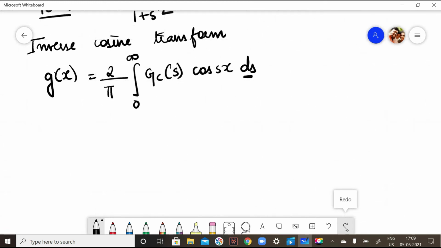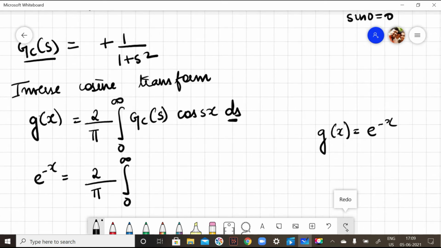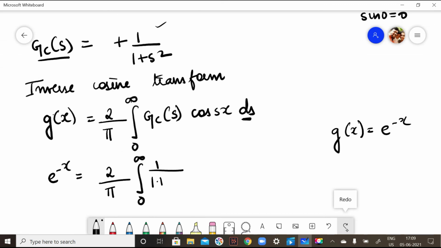Okay, what is my g of x? I know my g of x is equal to e to the power minus x, so I write that e to the power minus x is equal to 2 by pi integral 0 to infinity. What is my Gc of s? My Gc of s is 1 by 1 plus s square, so 1 by 1 plus s square cos sx ds.